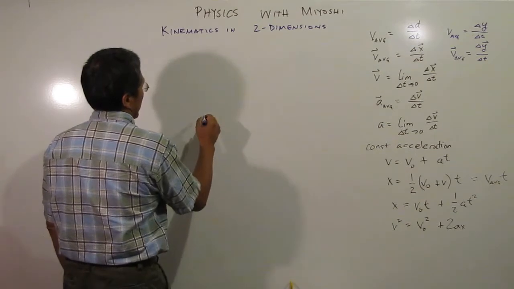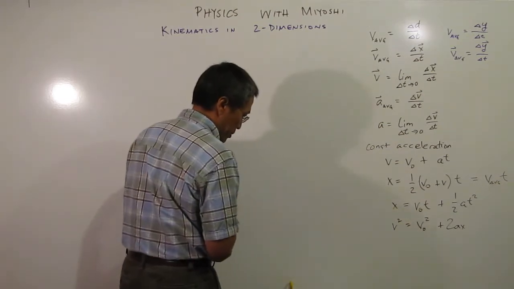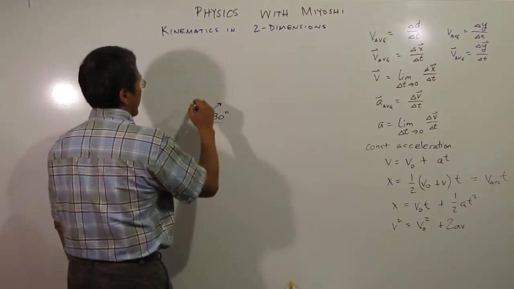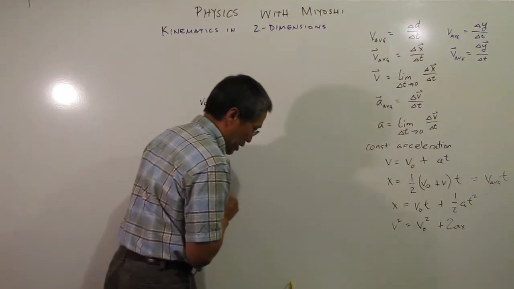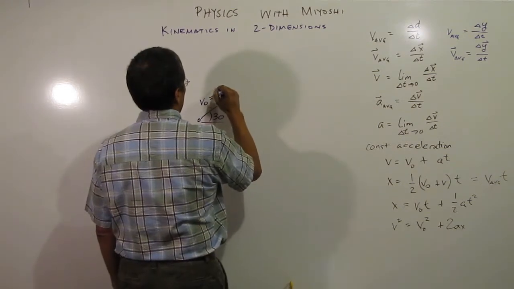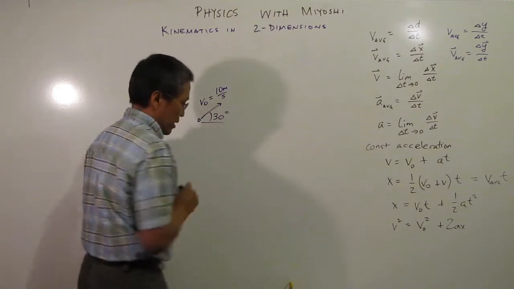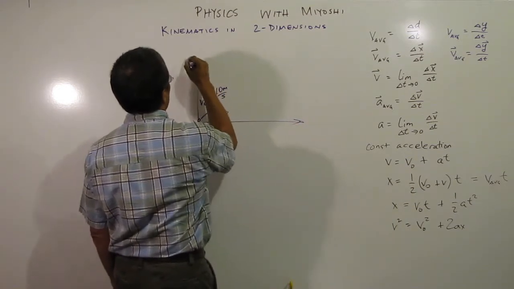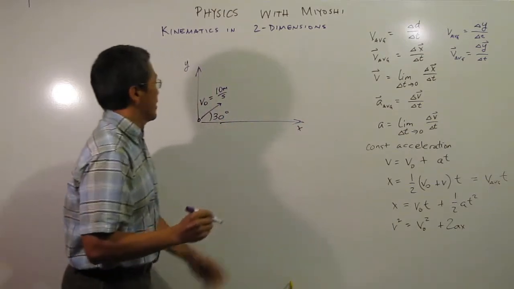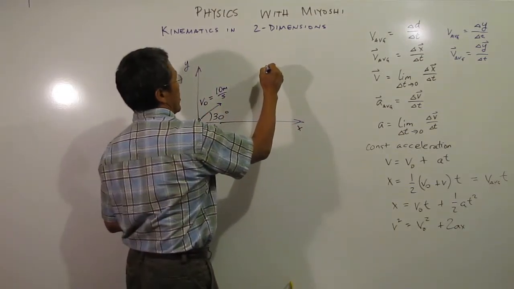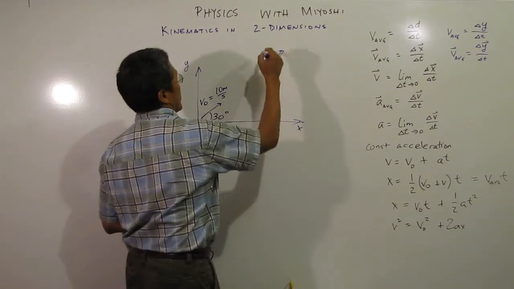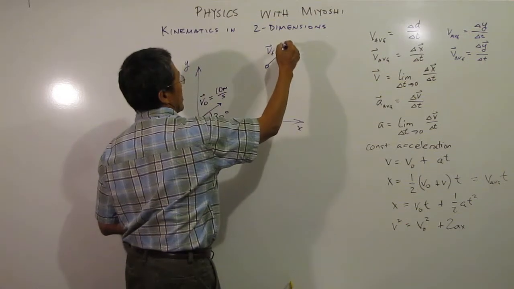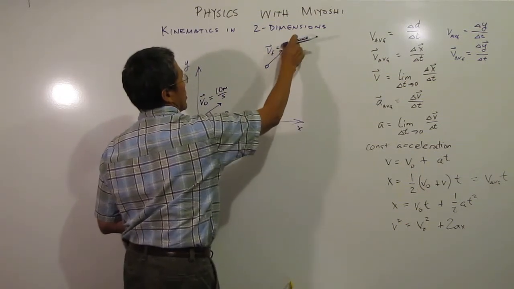Maybe I have an angle of 30 degrees and an initial velocity of 10 meters per second, and I know that this goes out in the x and the y direction. Maybe this guy travels for 10 seconds, so its final velocity would be equal to its initial velocity, because there's no acceleration.